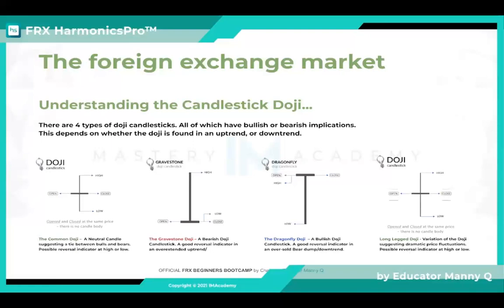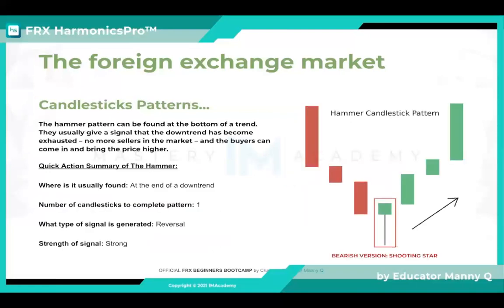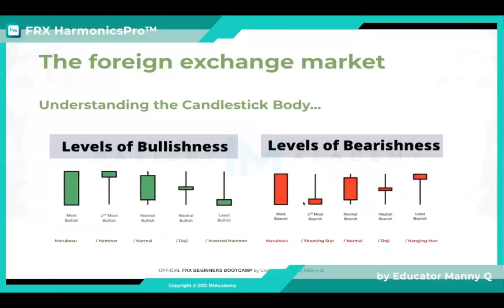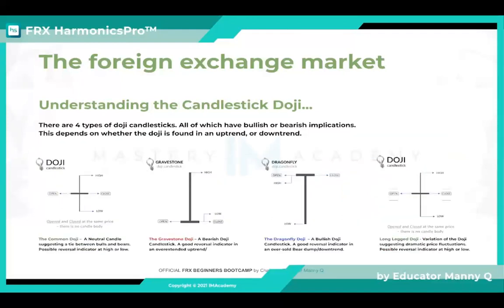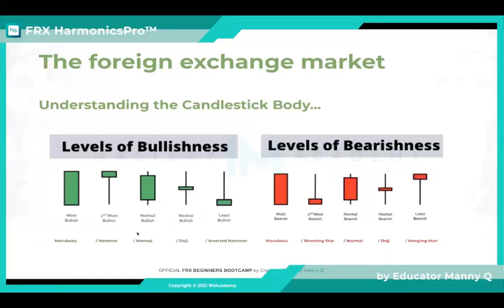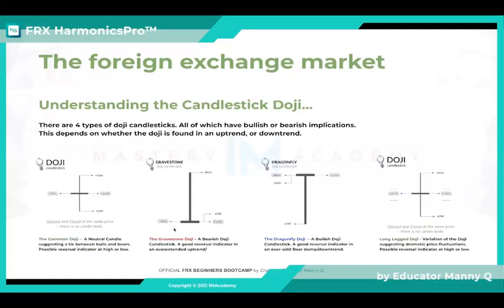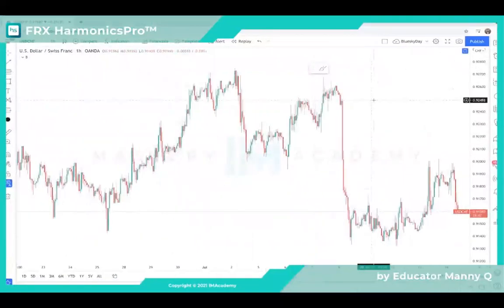Now, before we get into understanding types of candlestick patterns, what we're going to do is just attempt to identify some of these candles in the market so we can see what they look like. All right. So let's see if we can find these specific types of candles in the market at the highs, at the lows, and see if the theory is holding true.